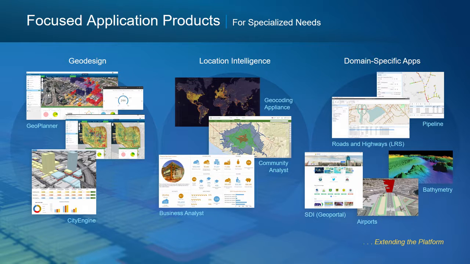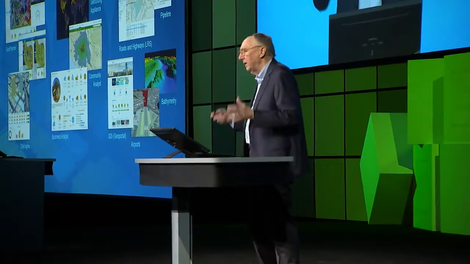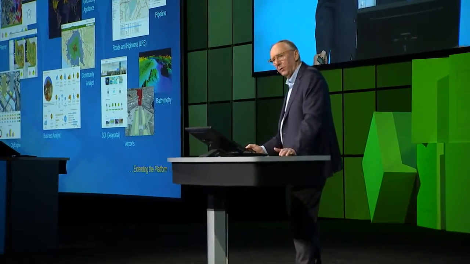And Community Analyst and Business Analyst, more for the community analysis and business community. And then a series of domain-specific things like pipelines and roads and highways and bathymetry and airports, and you can read the list. These all are designed to simply extend the platform. They're not independent technologies. They leverage the content that you build and work with.